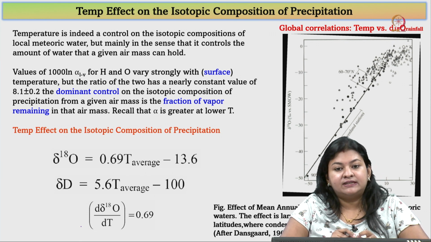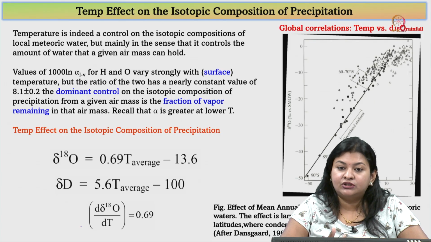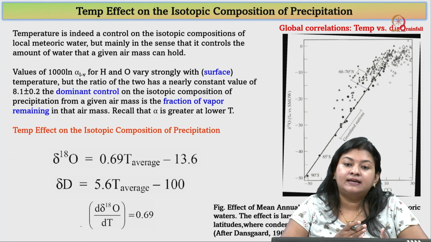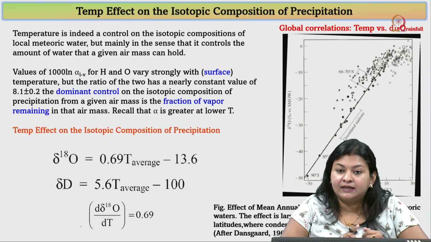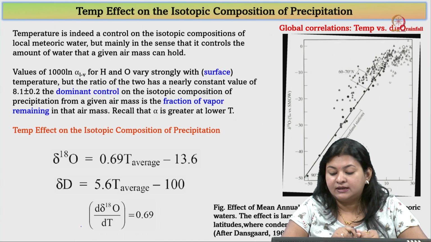So, due to this difference that changes mainly with the ambient temperature of that particular region, we see a strong correlation of the delta 18O values of precipitation, that is rainfall, with the temperature of the surrounding region.